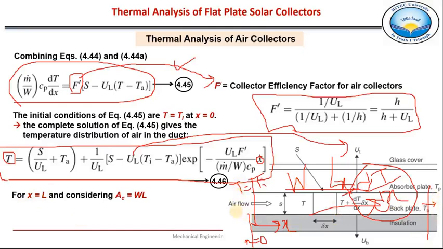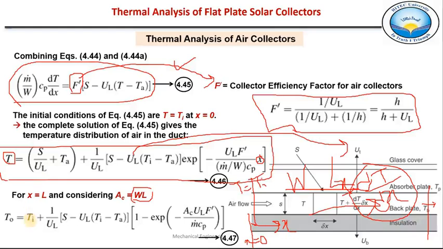The fluid has flown through this whole area of the solar collector, which is given by W into L. W is in the direction into this slide, into this length L, the flow direction. So at x is equal to L, A_C is equal to WL. So the same equation can be derived for the outlet fluid temperature, T_O is equal to T_i plus.